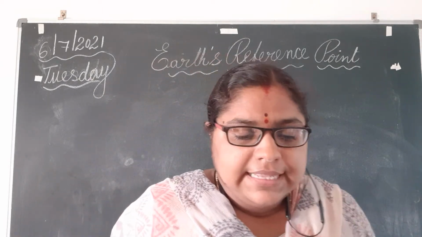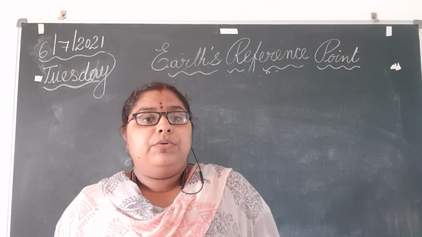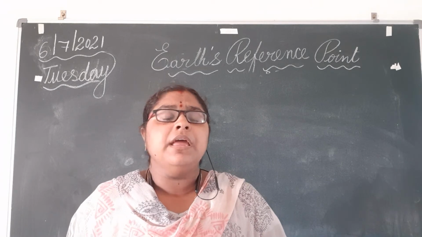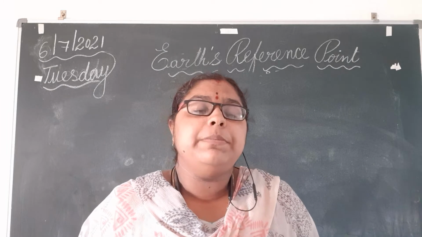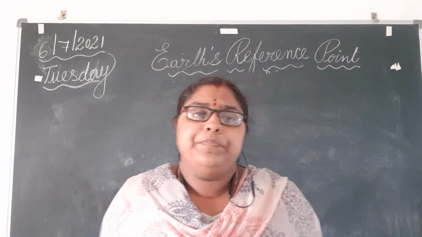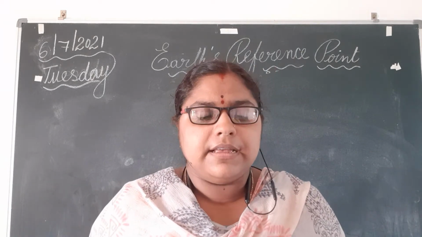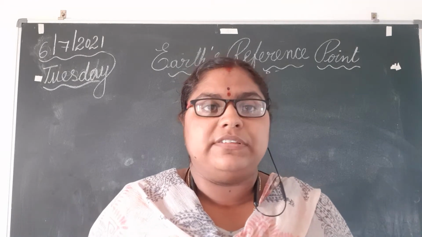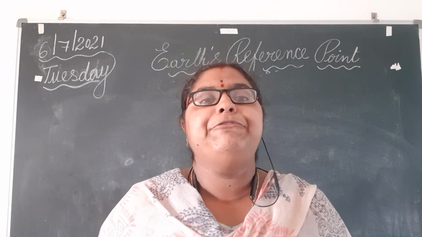By then the sun is already setting in Japan. When the sun rises in North America and South America, in Japan the sun will be setting. This is why time is calculated differently across the world.